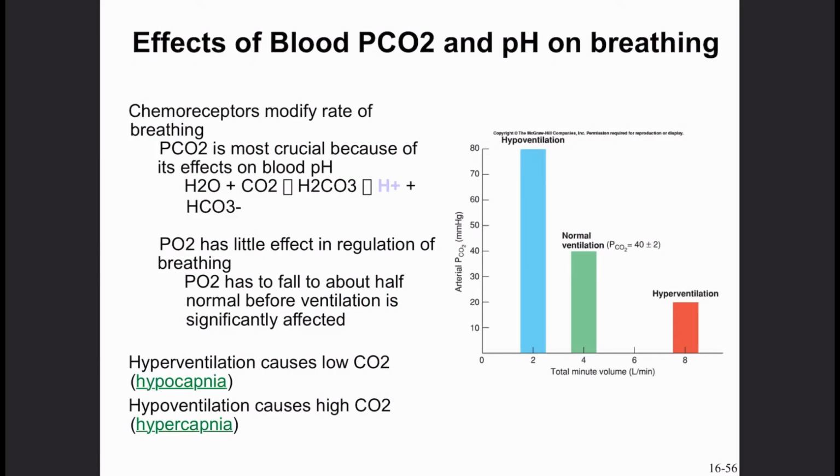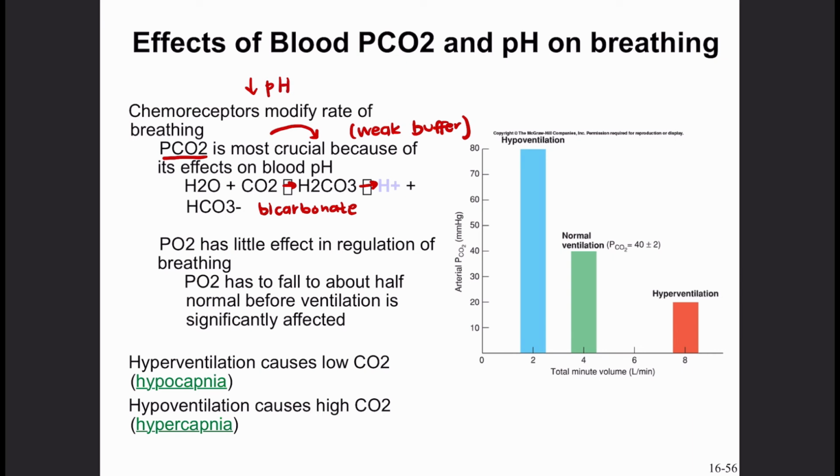As I mentioned before, the pressure of carbon dioxide has an impact on blood pH, because what we're going to learn is that carbon dioxide can dissociate with water, and it acts as a weak buffer, is what we call it. It can make bicarbonate, which is shown right here, or it can make carbonic acid, which is a weak acid, but it is an acid nonetheless, and it would decrease pH.